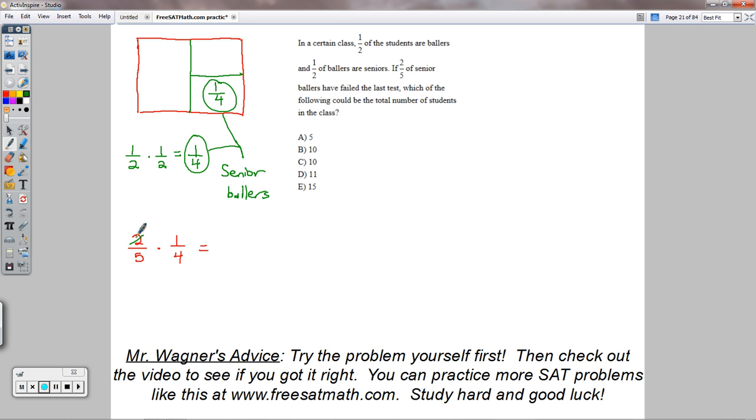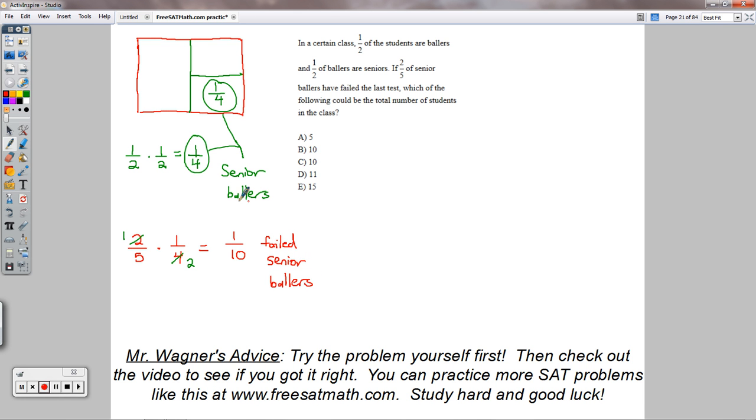So 2/5 times 1/4, I could cross cancel the 2 and the 4, making a 1 and a 2. That leaves 1 times 1, which is 1 on top, and 5 times 2 on the bottom, which is 10. So 1/10 of the class would be failed senior ballers.